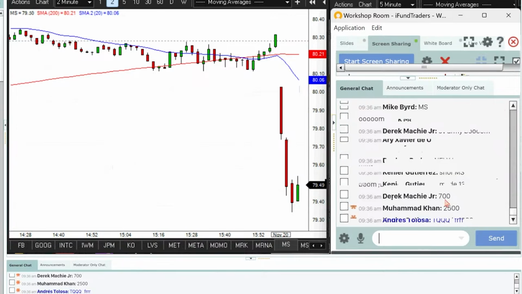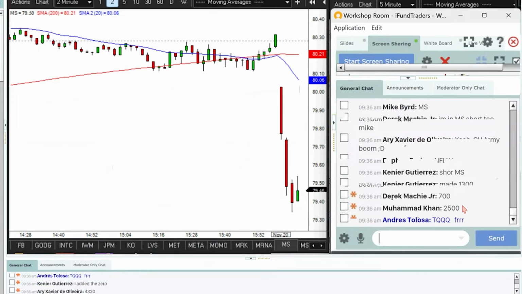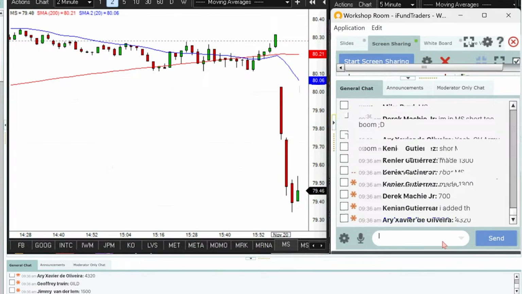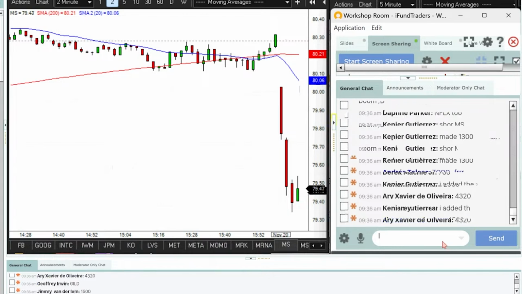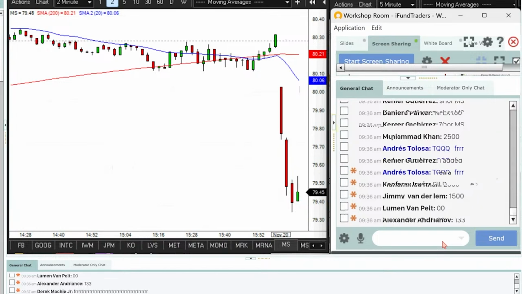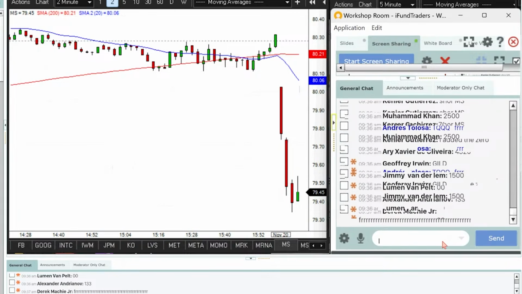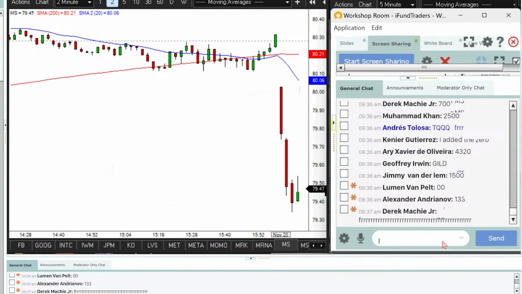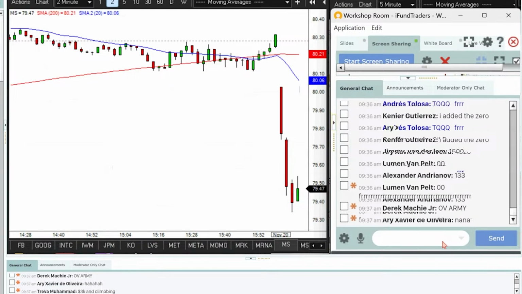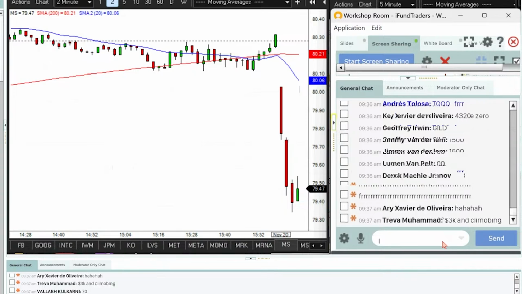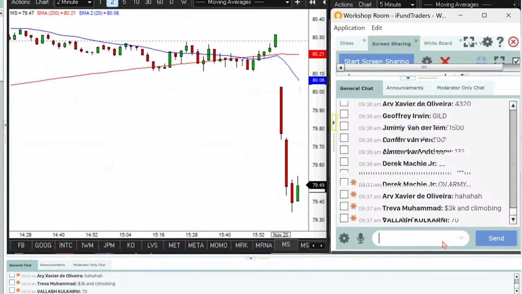Guys, with the zero added, what are your gains here so far? We are 7 minutes into the trading day. What are your gains? 700, 1,300, 2,500. Add that zero. $4,320, $1,500. I love it. 133. All right, I'll take it. You can buy me coffee, Alexander, with that. Let's go out for a coffee.